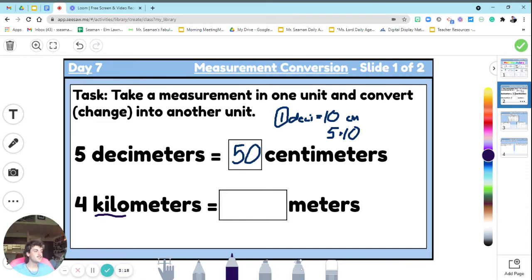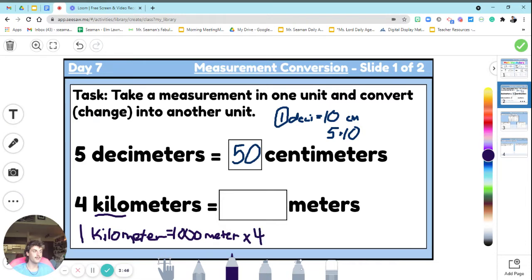So if 1 kilometer is 1,000 meters, and I have 4 of them, I can just multiply.